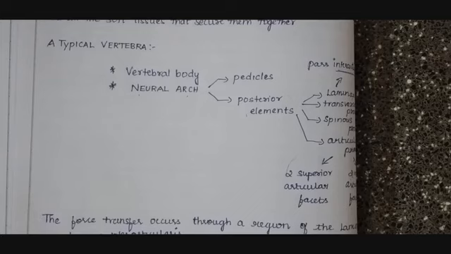The vertebra consists of two important parts: the first part is the vertebral body and the second part is the neural arch. This neural arch is subdivided into the pedicle and the posterior element.